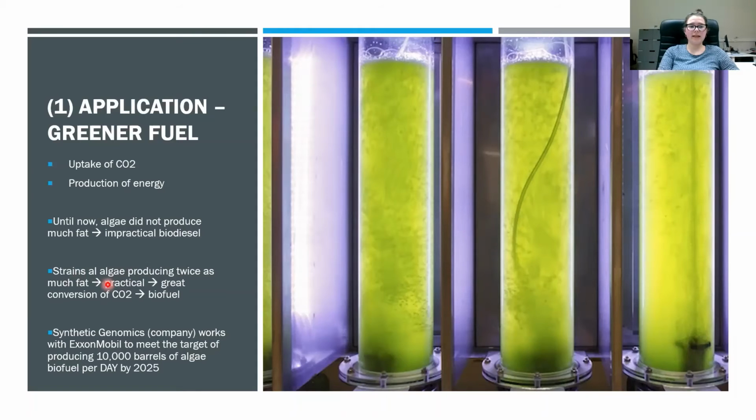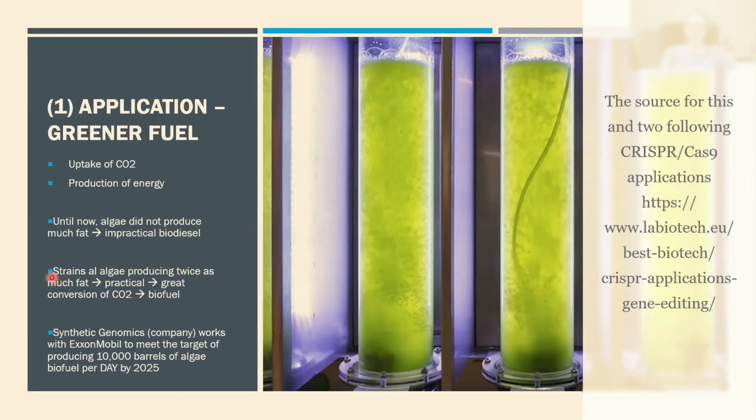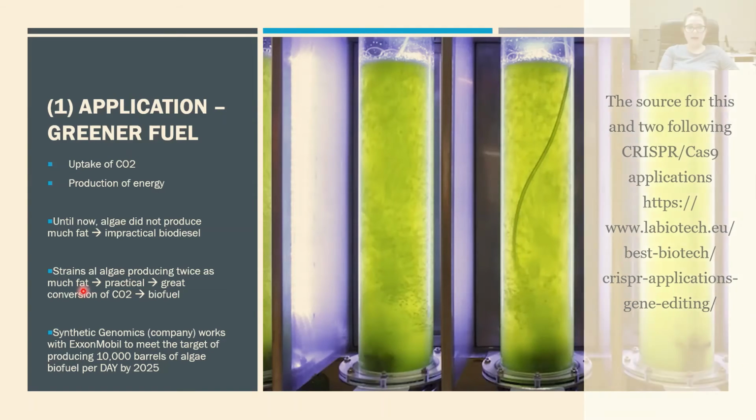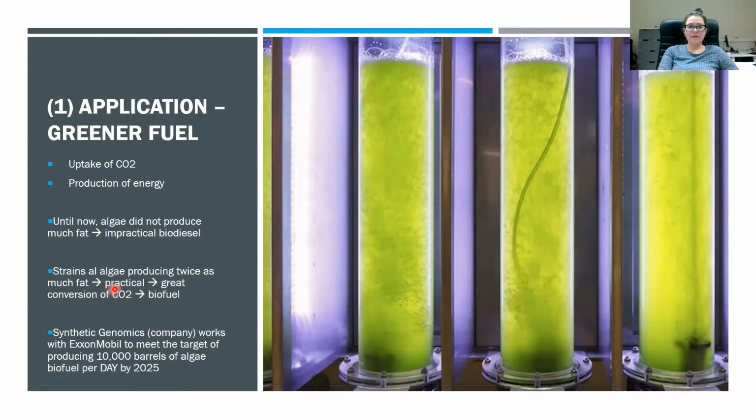So what CRISPR did, CRISPR was used to create strains of algae that produce twice as much fat, and fats are molecules that store a lot of energy, as you know.